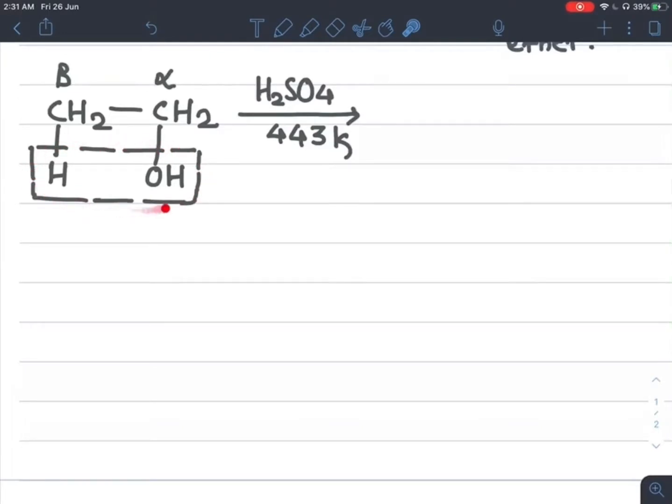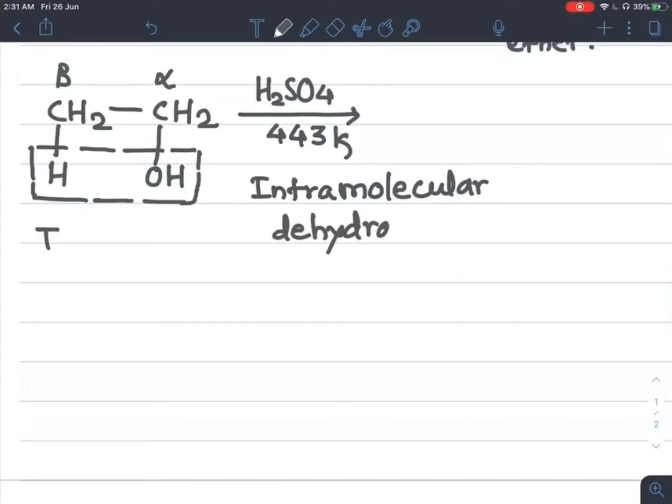So dehydration takes place within only one molecule, and that's why this is intramolecular dehydration. Intramolecular dehydration takes place when it is heated at 443 Kelvin temperature.